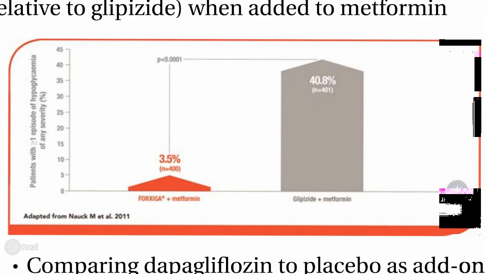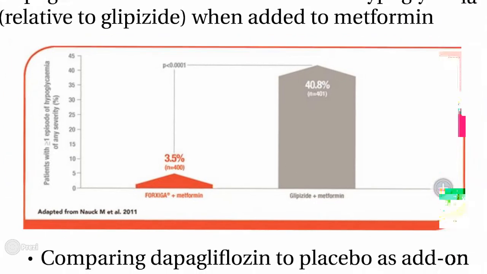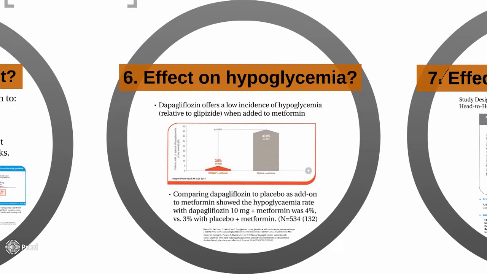So when you compare it to something that's not insulin independent and works in the kidneys, this is not too great of a difference. So I looked into it compared to placebo, and that's the little segment at the bottom. When compared to placebo, you had a relatively similar hypoglycemic risk, 4 to 3%. So not very much hypoglycemia with these drugs at all, which is great.